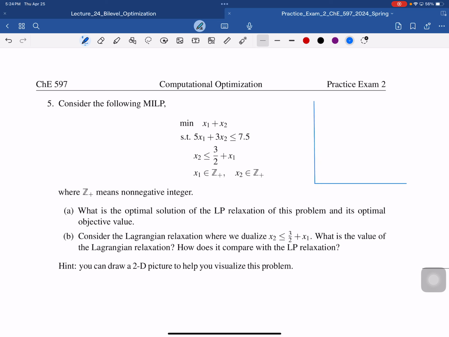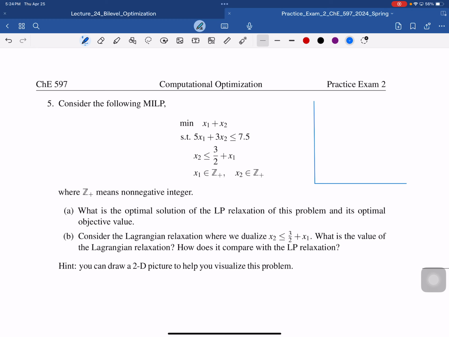So the first constraint is 5x1 plus 3x2 less than or equal to 7.5.